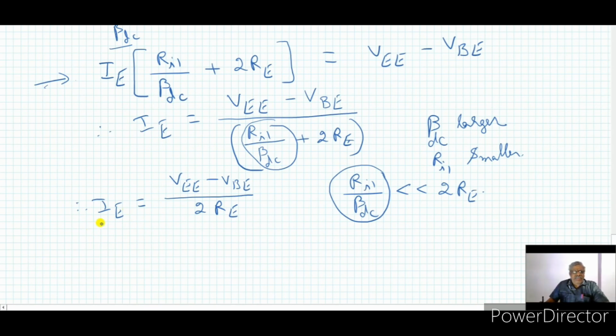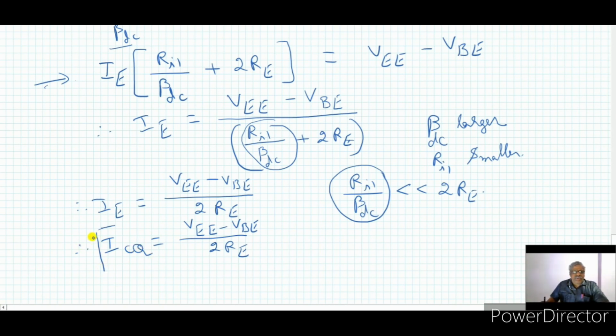But as I said earlier, this emitter current is almost equal to the collector current. So therefore, IC is equal to VEE minus VBE by 2RE. That collector current is nothing but our quiescent current.